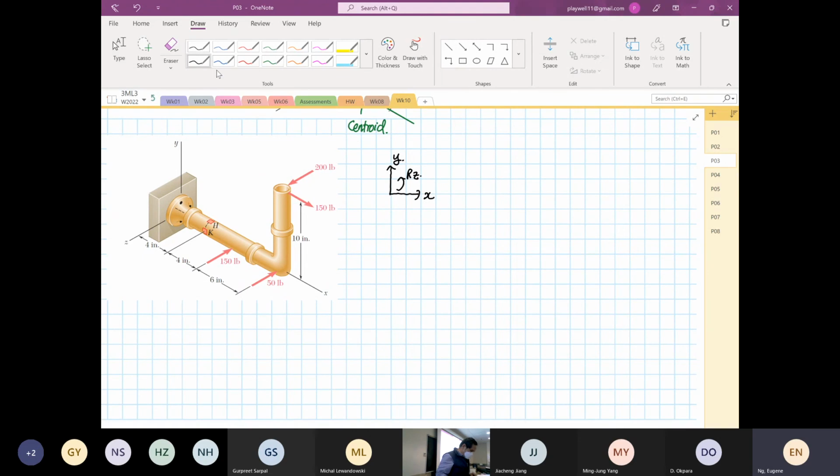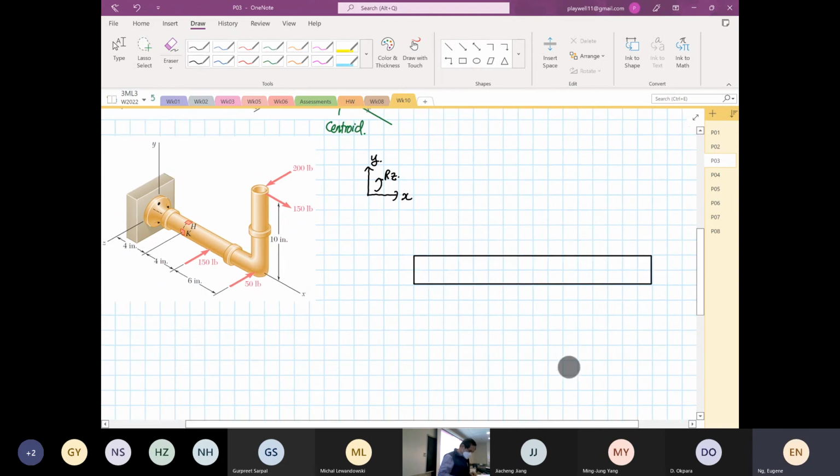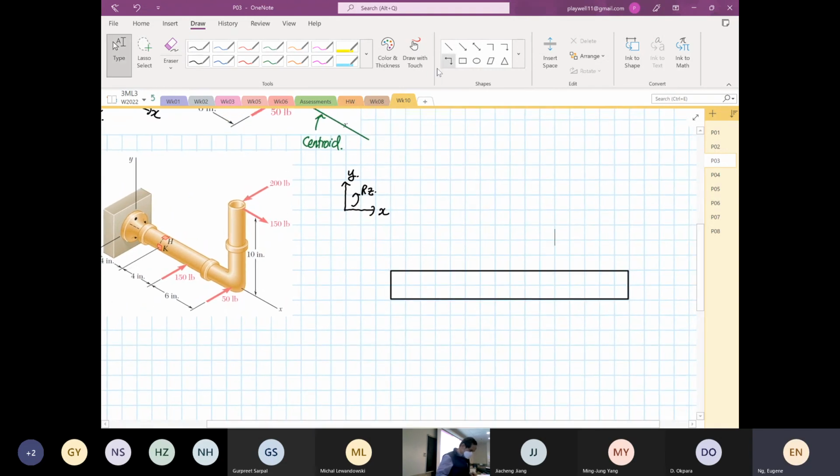So this is my sketch. Then we have a vertical part. Again, this is just a sketch. Over here, what can we see?